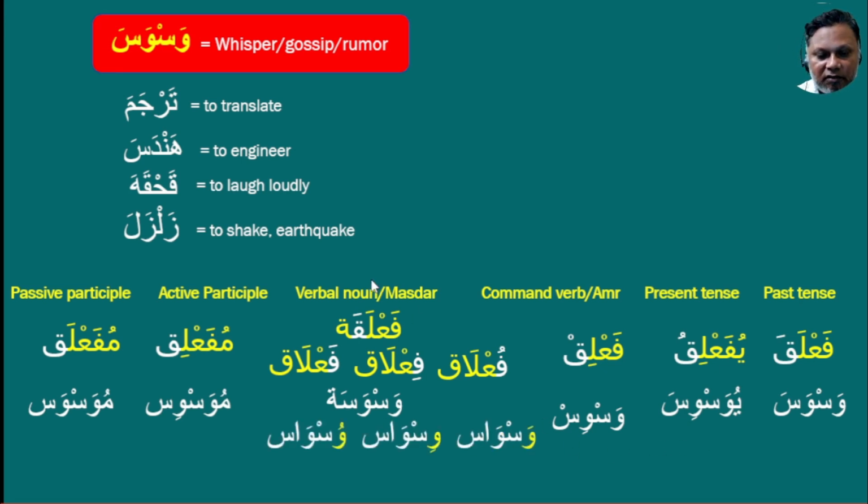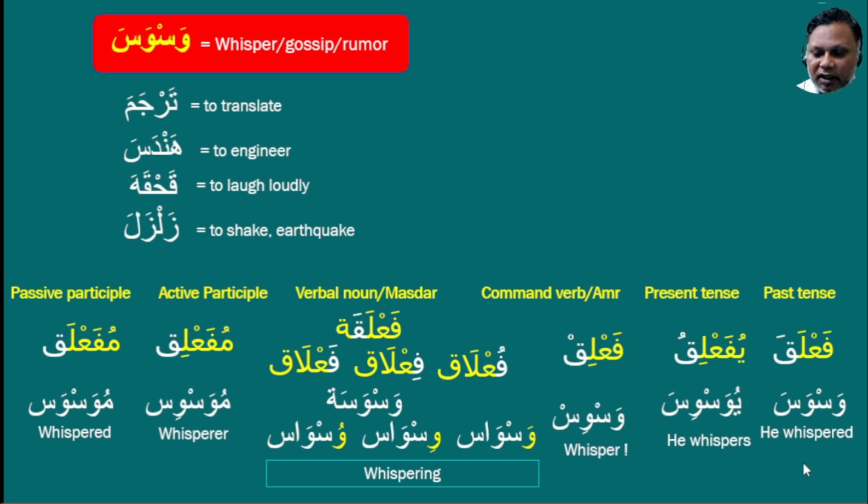Now this verbal noun has another 3 forms, so in total there are 4 forms for the verbal noun. Any one of these we can use. Somewhere we can get waswasah, somewhere waswas, somewhere wiswas, and somewhere uswas. These are the varieties of verbal noun for this verb.